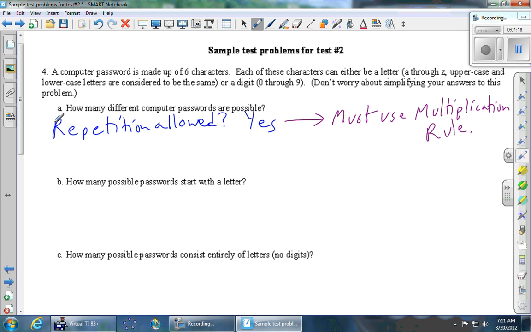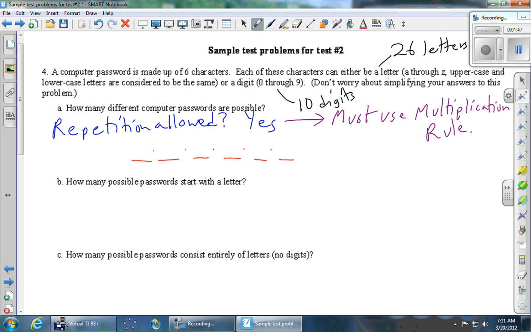Okay, I've got 6 characters, 1, 2, 3, 4, 5, 6. I'm going to figure out how many choices I have for each of the characters, and I'm going to multiply all those numbers together. So each character can either be a letter, and there are 26 of those, or a digit. It's tempting to say there are 9 digits, but there's actually 10 digits because the 0 counts.